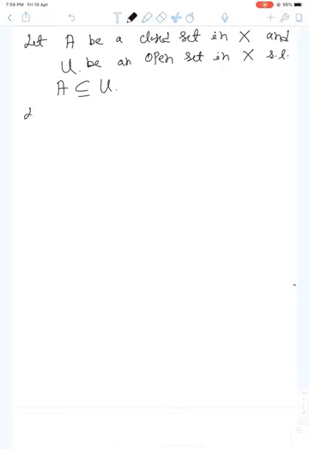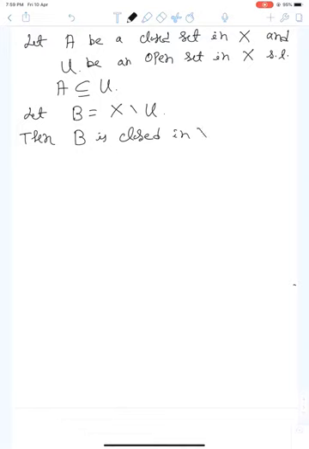Now let B equal X minus U, right? Now note that given U is open, B is the complement of U, therefore B is closed in X and A intersection B is empty.